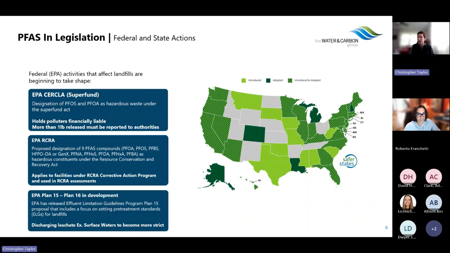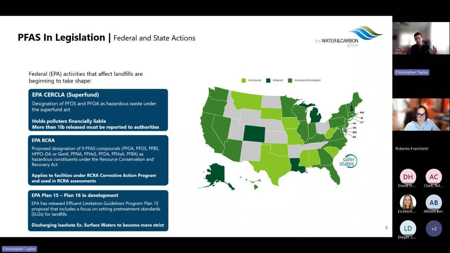For RCRA, there are 9 PFAS compounds. The thing is, to be subjected to RCRA, because all these are hazardous constituents, they're not hazardous waste yet, you have to be under RCRA corrective action at this time in order to be subjected to dealing with those 9 compounds. So that's something that most sites likely won't see either. EPA Plan 15 is basically effluent limitation guidelines.